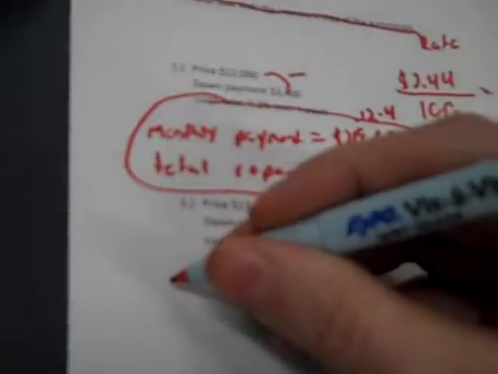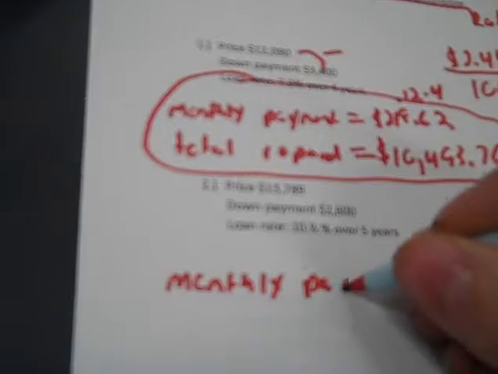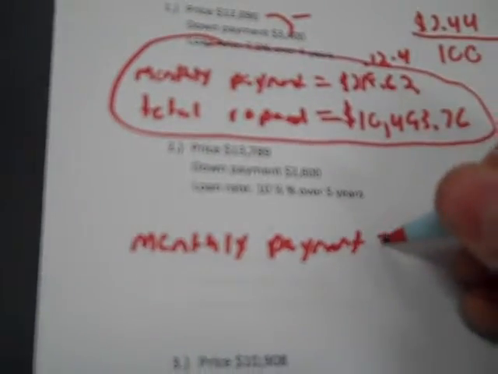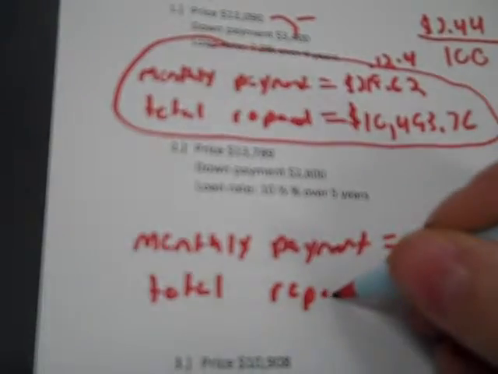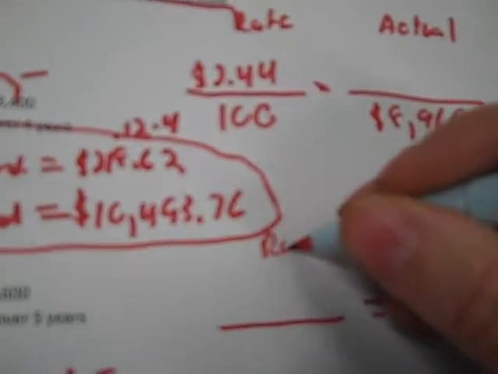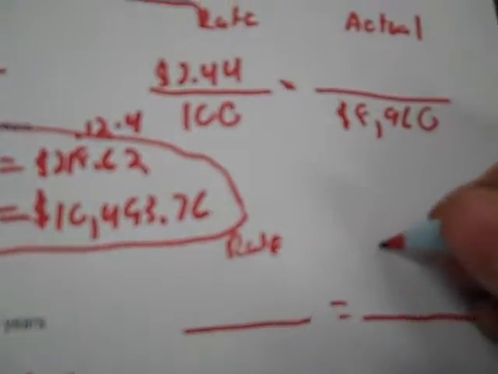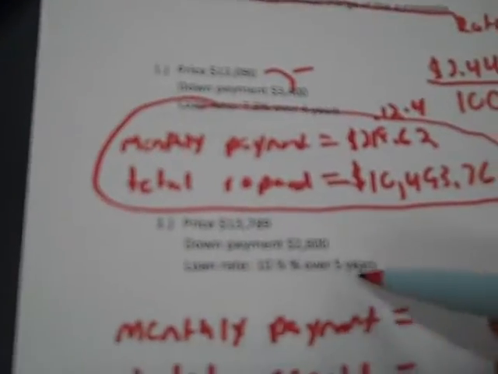Okay. So again, we want to know how much we have to pay a month, monthly payment, and the total repaid. Okay, so there's my proportion, the rate of repayment, and then the actual amount we have to repay. Okay, so 10.5%, 5 years, 2.15 per 100.